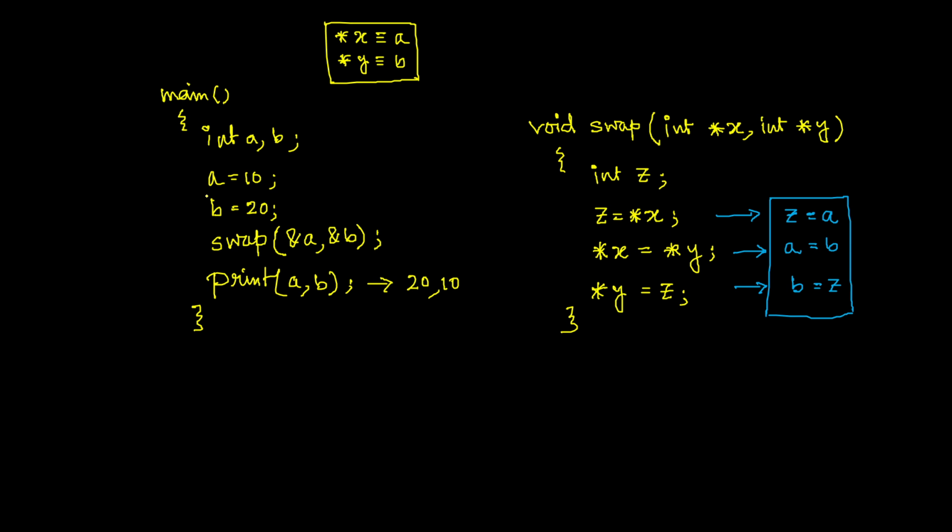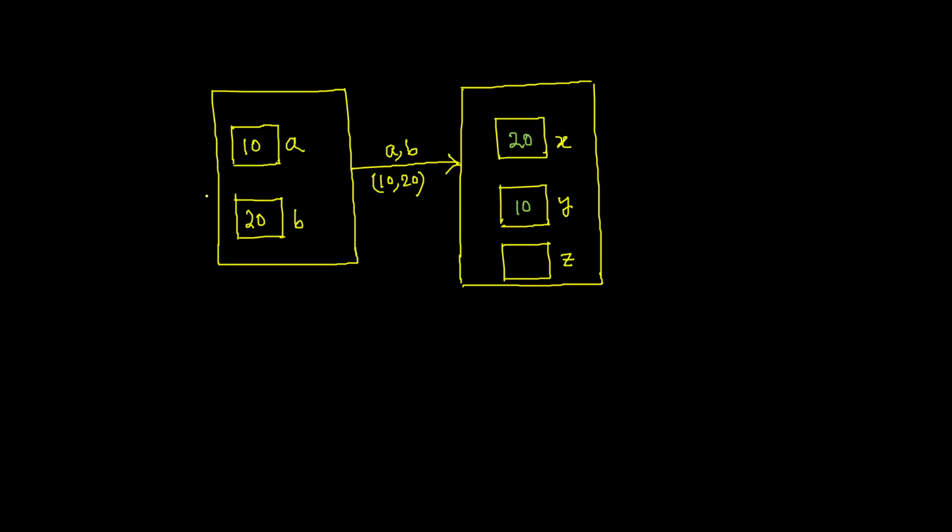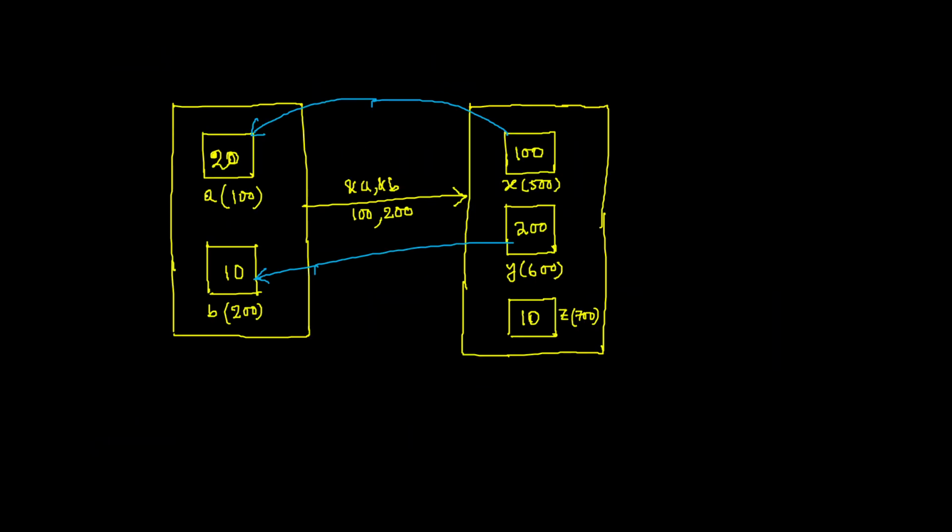So we have seen two different strategies of passing parameters. In this case we passed the values of a and b, and in this case we passed the addresses of a and b. That's why functions are categorized in two ways, depending on function parameter passing.